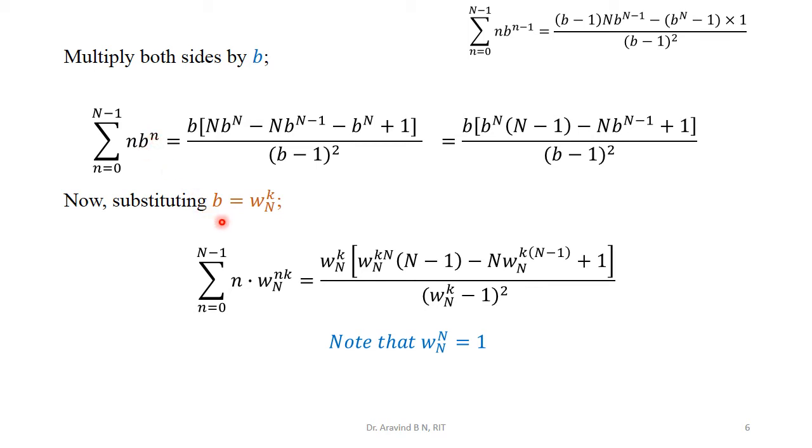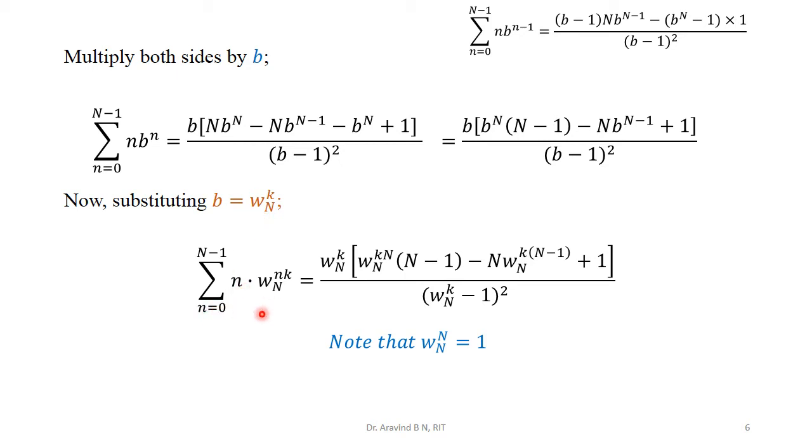Therefore b now will be equal to omega N to the power of k. So on the right hand side, for this expression, we are going to substitute in the place of b this twiddle factor representation.